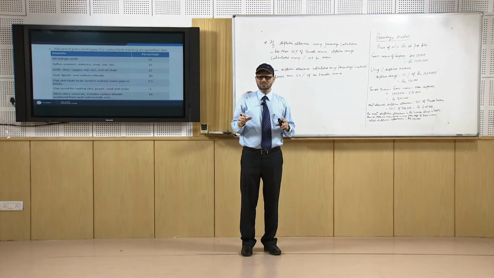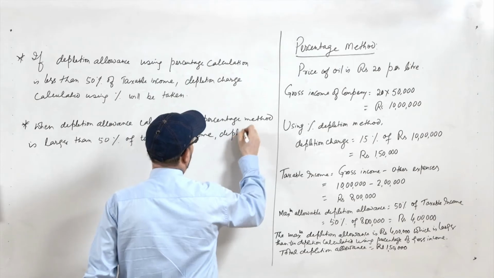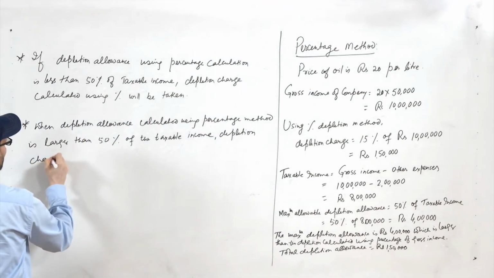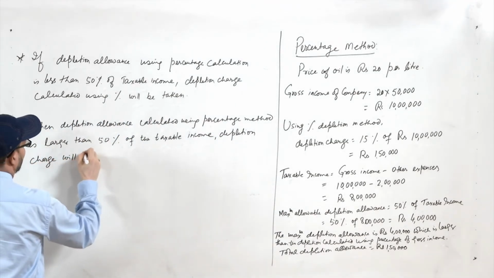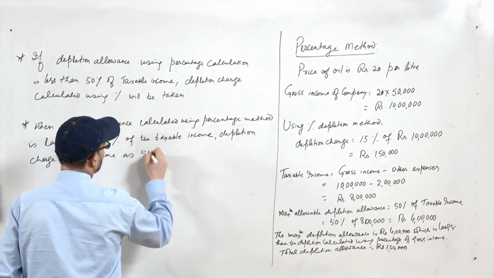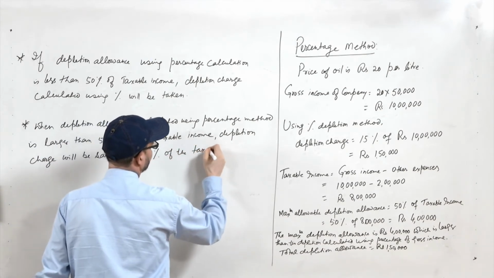in that case the depletion charge will be same as 50% of the taxable income.